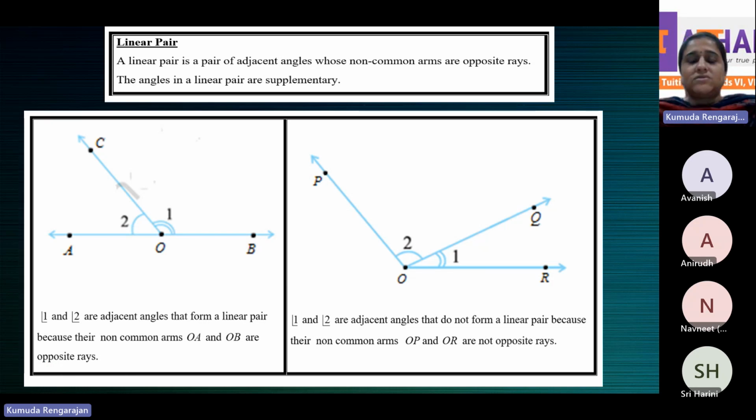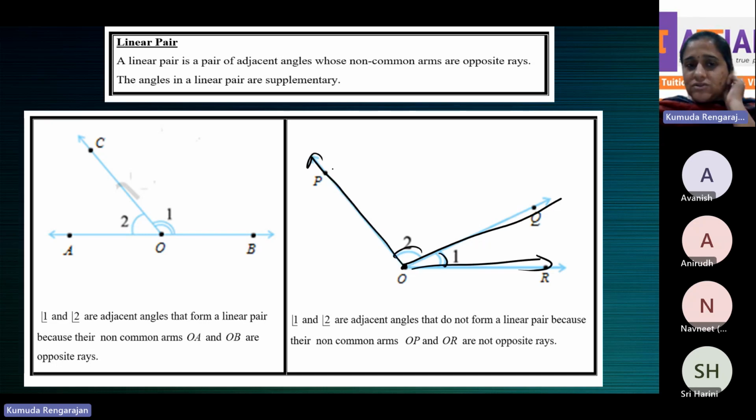But they are adjacent angles, because they have a common vertex and a common arm, and their non-common arms are not going in opposite directions.